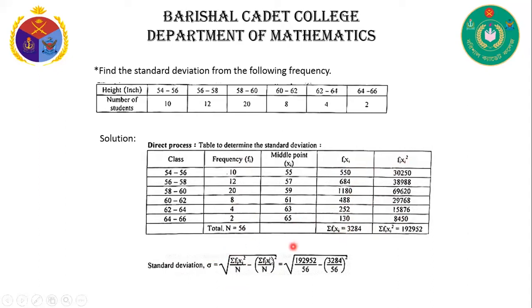Now putting the values here, the summation of fi xi is equal to this value and the summation of fi xi squared is equal to this value. After calculating, we can write 2.57. This is our required standard deviation.